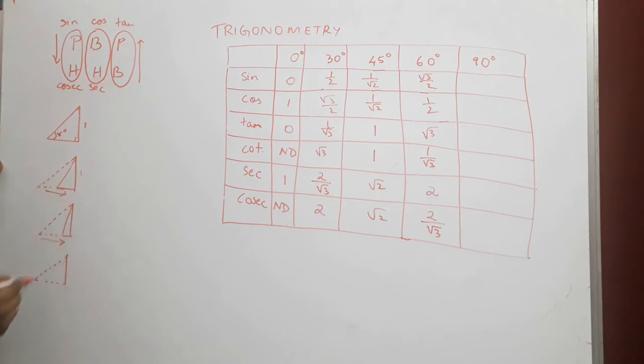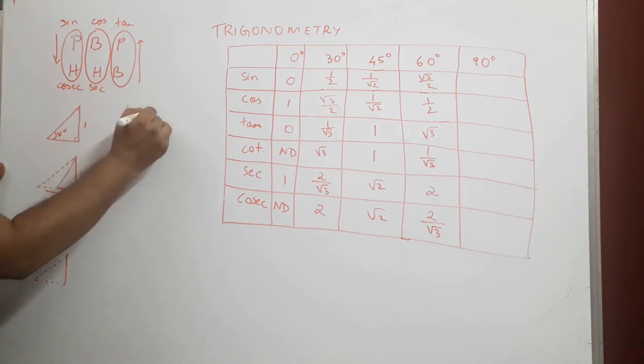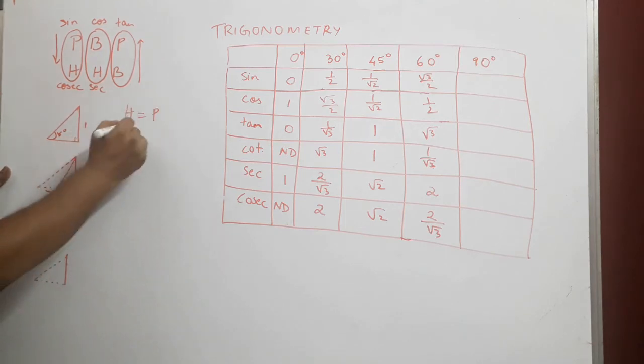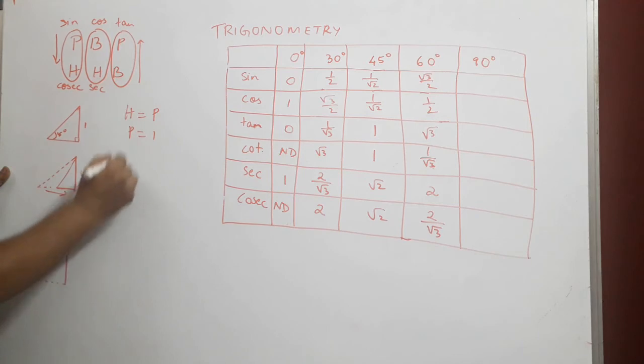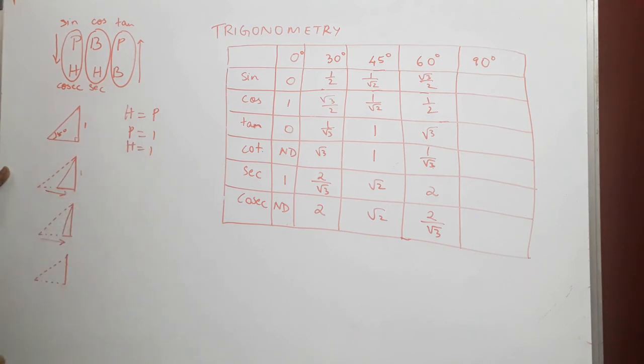The base keeps shrinking, and finally the base is gone. This is showing where the original triangle was, the dotted lines. Now you cannot distinguish the hypotenuse from the perpendicular because they have merged together, which means hypotenuse has become equal to the perpendicular. And if we have taken perpendicular as 1, that means our hypotenuse has also become 1.